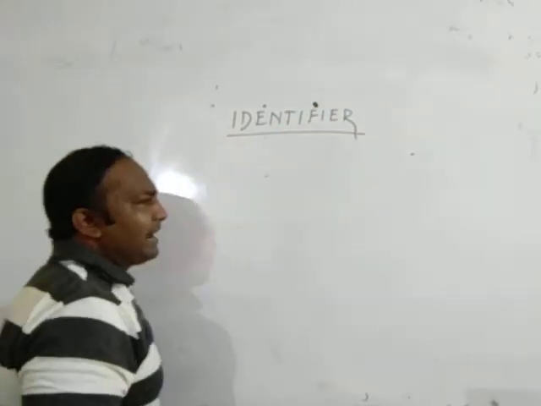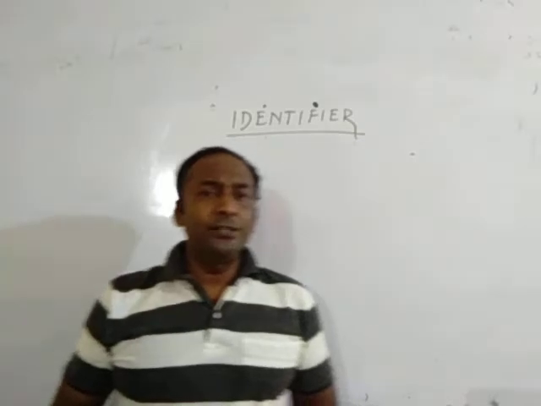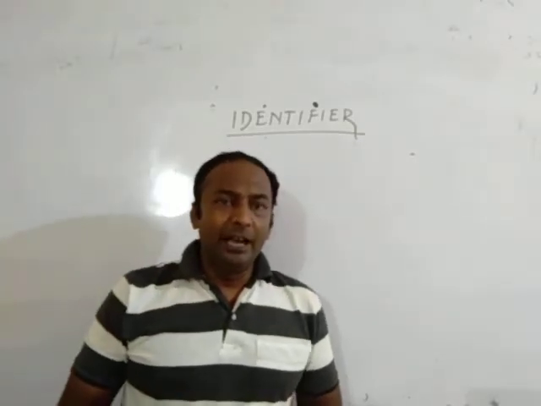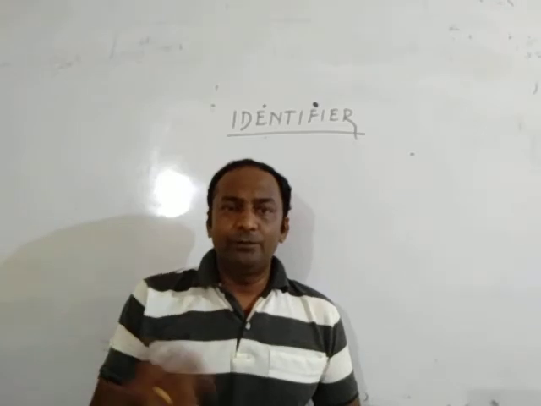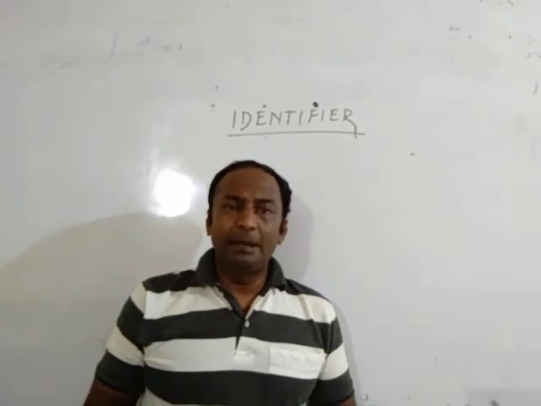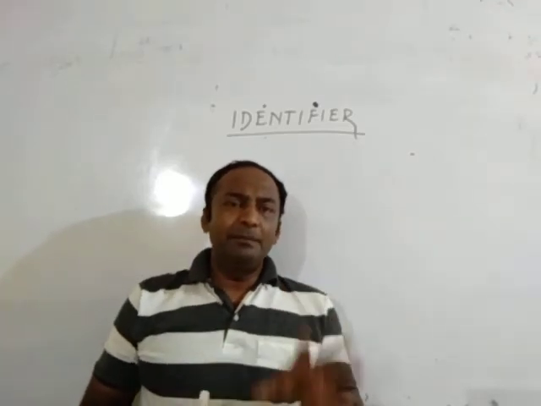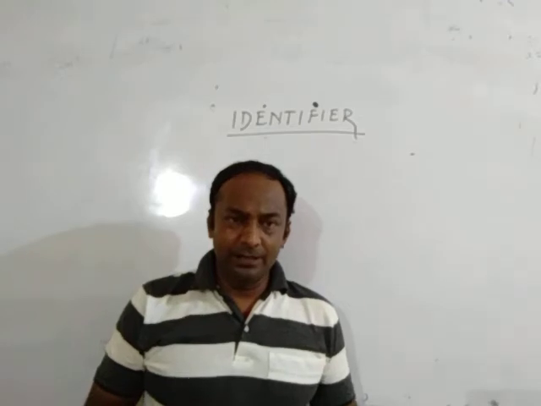So what is an identifier? Identifier means something used to identify something else. I identify you by your name, and you identify me by my name. So some names are given to identify persons.